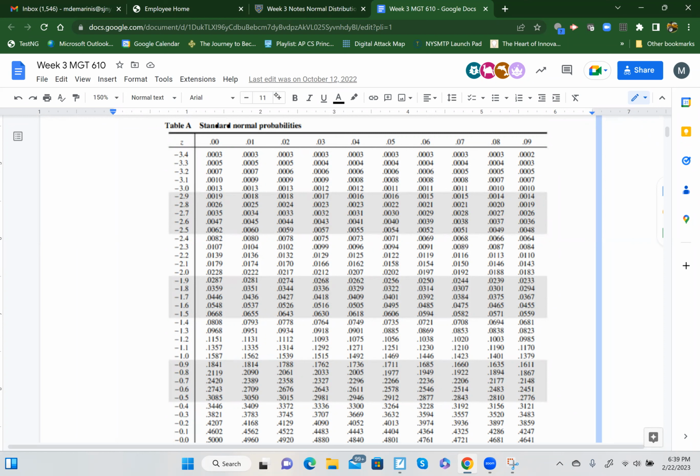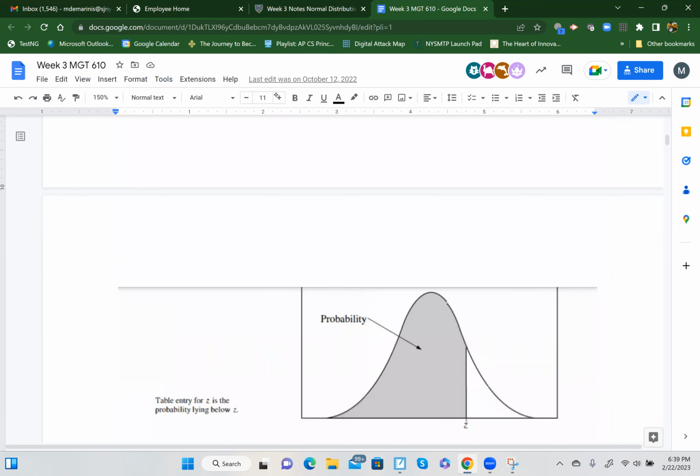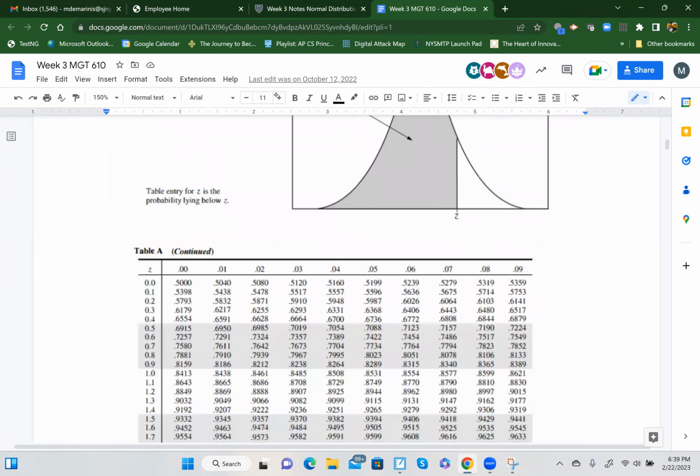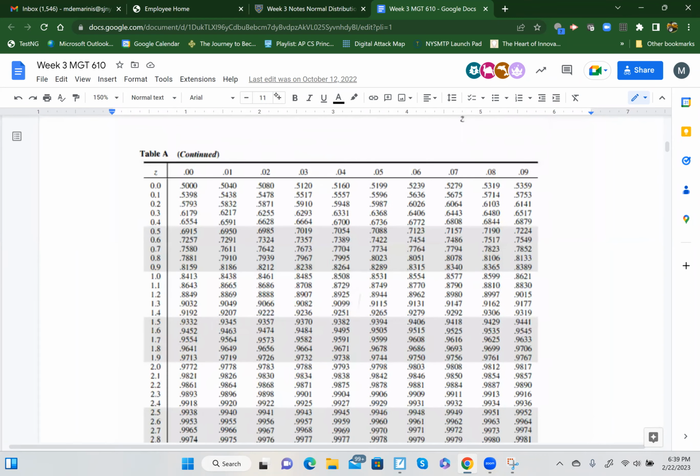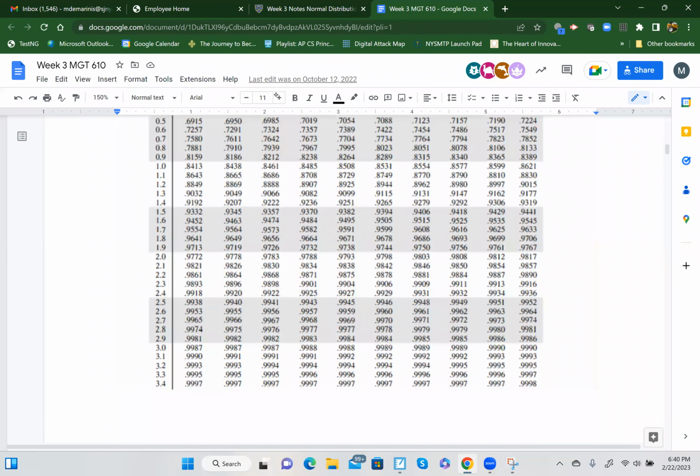So you should be able to see that on the left-hand side of the screen. And then if you keep going onto the next page, there's another chart. On this chart, notice where Z starts. Z starts at 0.0, then 0.1, and 0.2, and so forth. And it goes all the way down to 3.4.